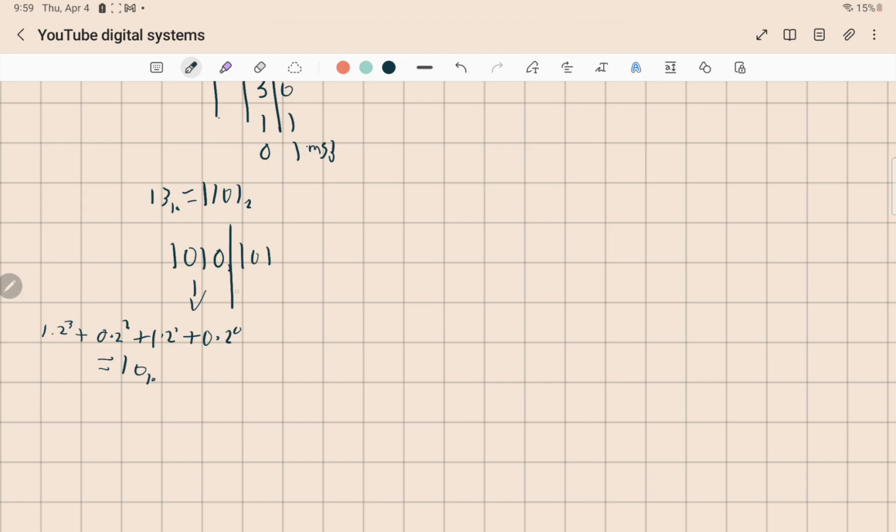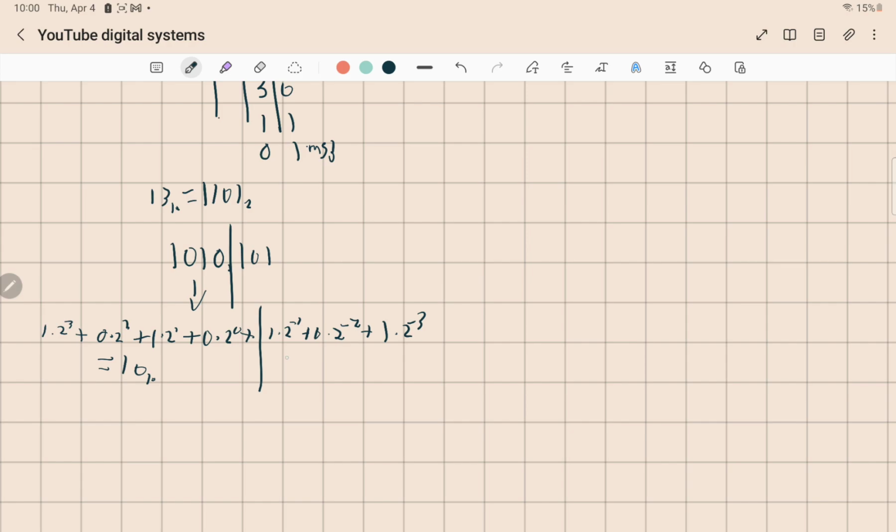Okay. And now for this, it's just negative numbers. So we do 1 times 2 to the negative 1 plus 0 times 2 to the negative 2 plus 1 times 2 to the negative 3. Okay?